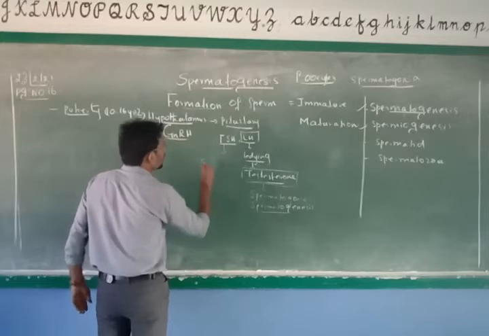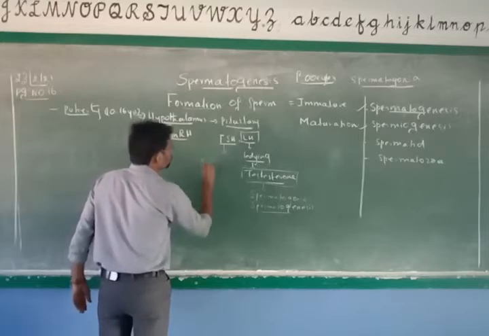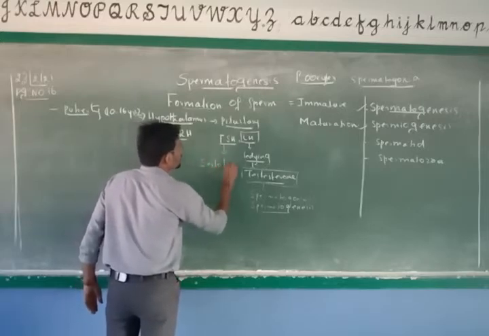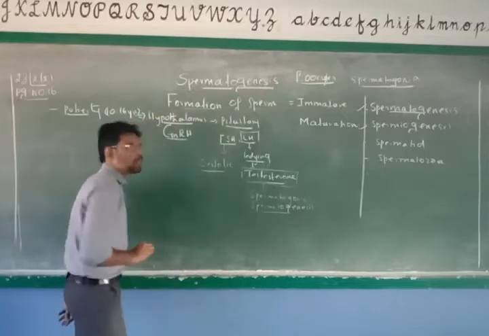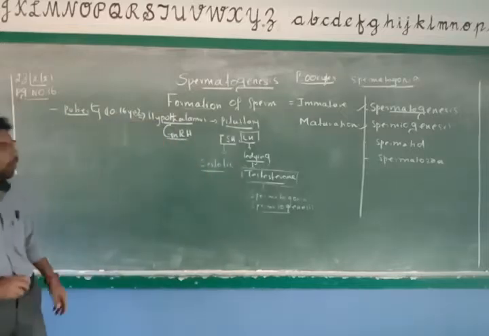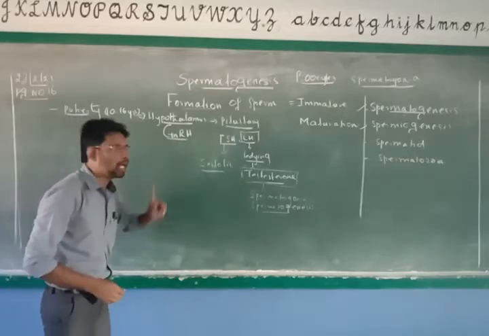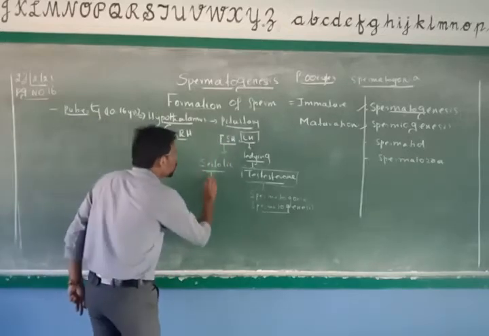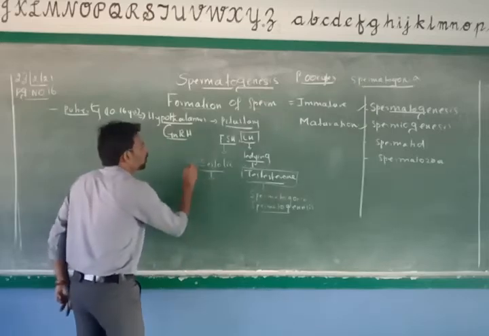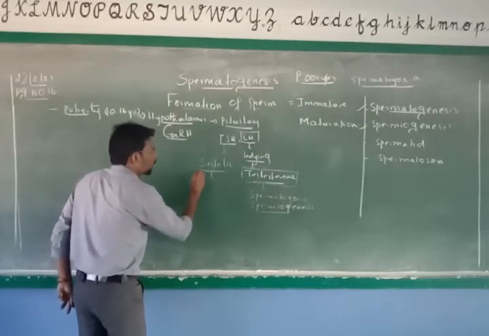Now, FSH hormone will always act on or stimulate a cell. One more cell inside the testis is called the Sertoli cell. Okay, now this FSH hormone will stimulate the Sertoli cells to produce a hormone. Actually, it is an endocrine gland.